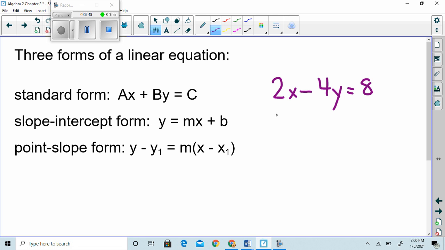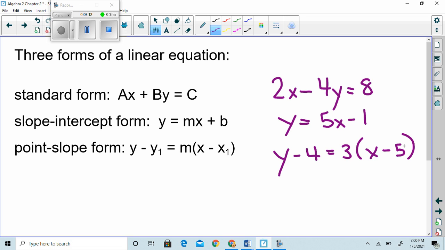I have my slope-intercept form, y is equal to 5x minus 1, where I have my slope and my y-intercept I can identify. And then we had something called point-slope form, y minus y1 is equal to slope times x minus x1. Okay, and we went over all those types.